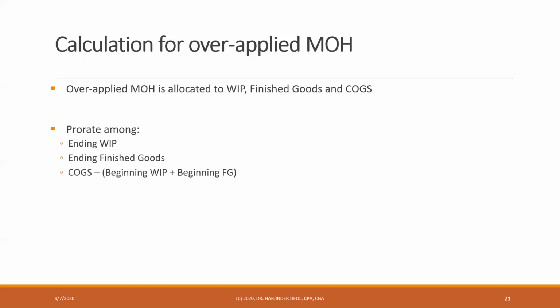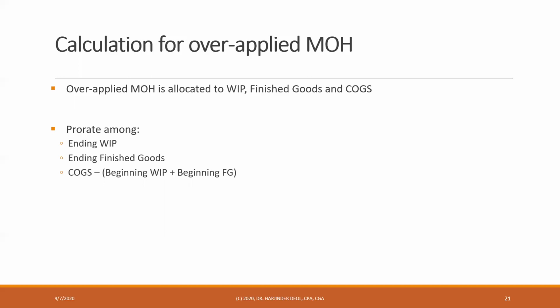For cost of goods sold, we will take away beginning work in process and beginning finished goods. After we've determined those balances, we will allocate the over applied manufacturing overhead based on the relative amounts. We will be looking at an example when we do a detailed problem in class later on.